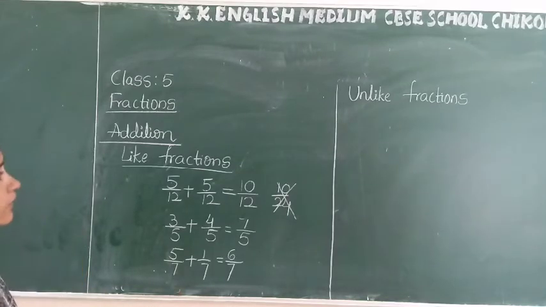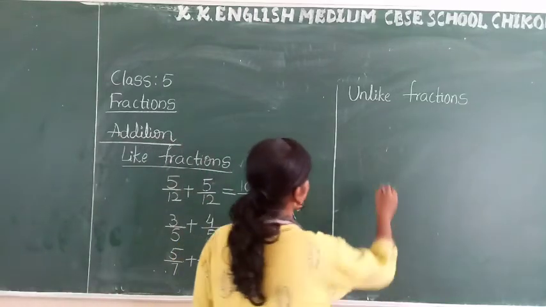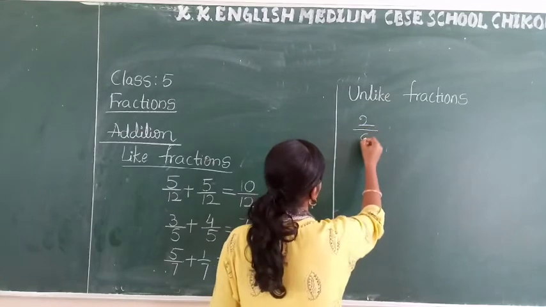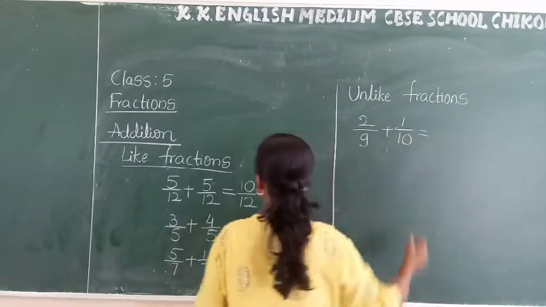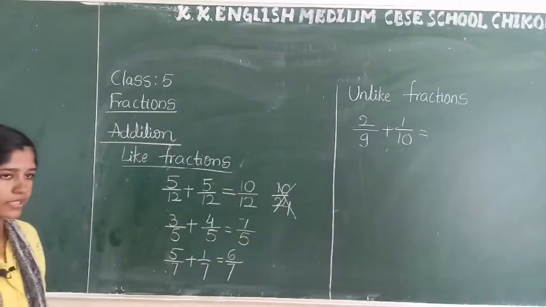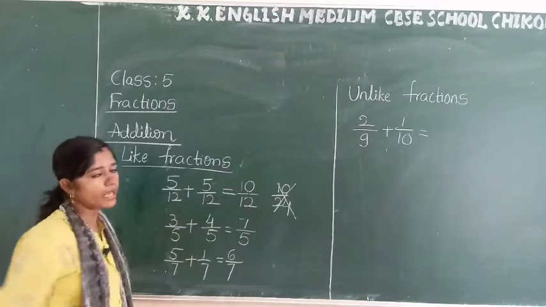Then addition of unlike fractions. I will take one example here: 2/9 plus 1/10. See here, addition of like fractions is very easy. You just added the numerators and kept the denominator as it is.